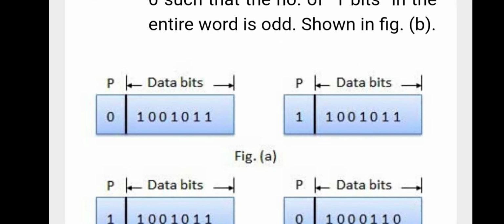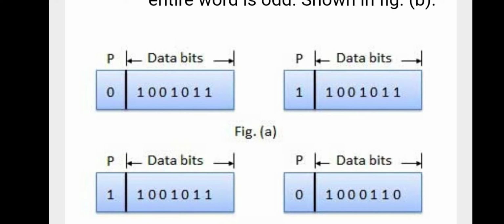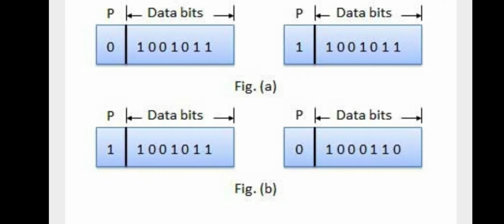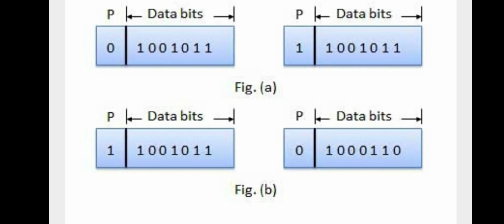If you observe here, the parity bit is 0 and the number of ones is 4, so this is even parity. And here the parity bit is 1 and the total number of ones is 4, so that is even parity here. In B, odd parity, the parity bit is 1 and the total number of ones is 5, which is treated as odd.